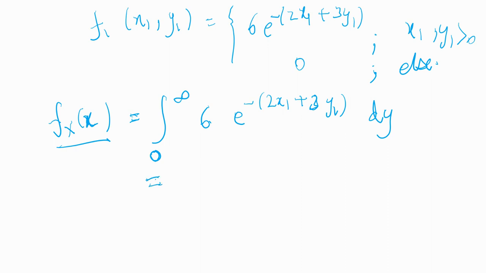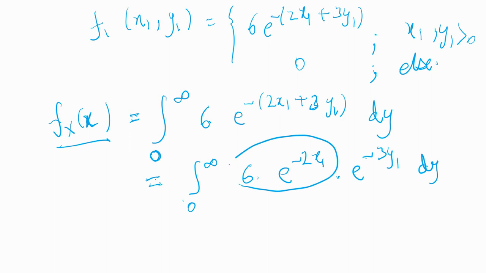Now e to the power minus 2x1 is the constant one. So we can write it as 6 e to the power minus 2x1 into e to the power minus 3y1, because e to the power (a plus b) is e to the power a into e to the power b. This constant part comes out, and this one will be integrated.